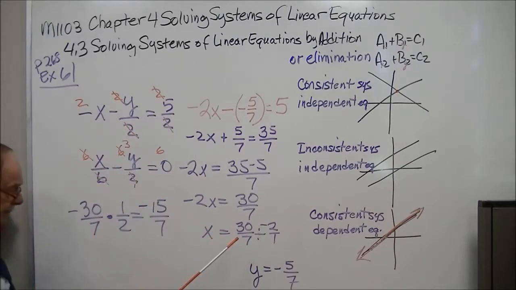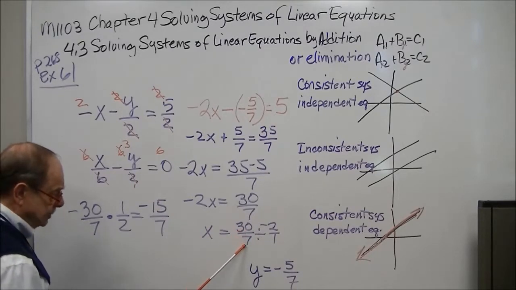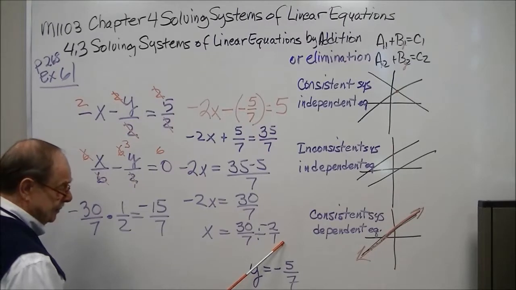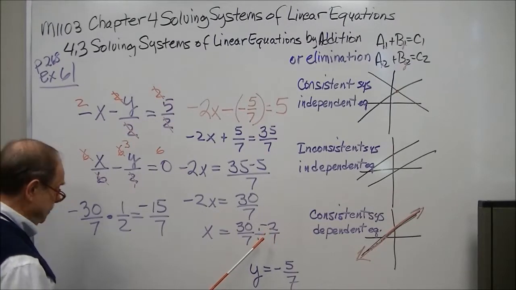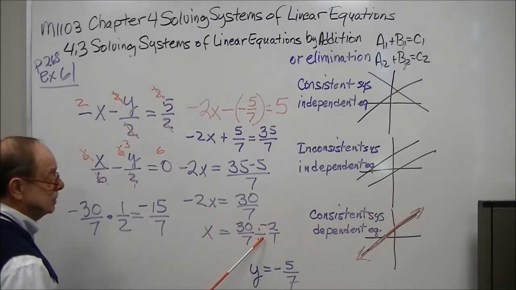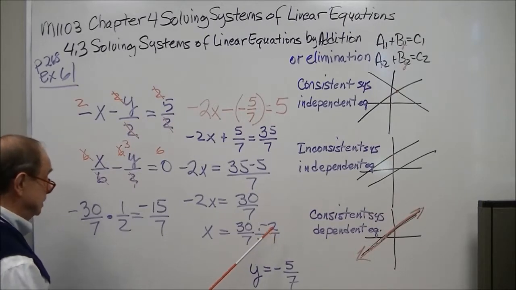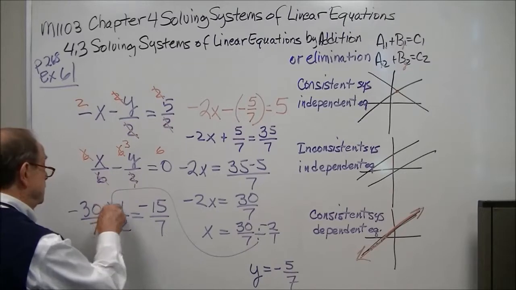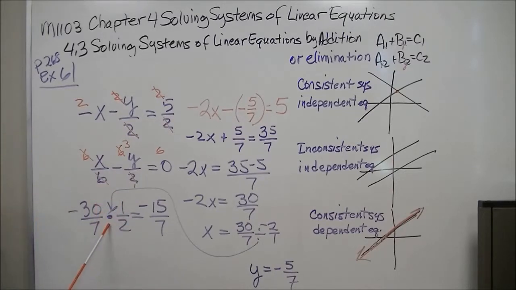And notice this is a fraction that's in a sense divided by a fraction. And then we had said in an earlier chapter we change division of fractions to multiplication of fractions, and then we use the reciprocal: a negative 2 becomes in a sense a negative 1/2.